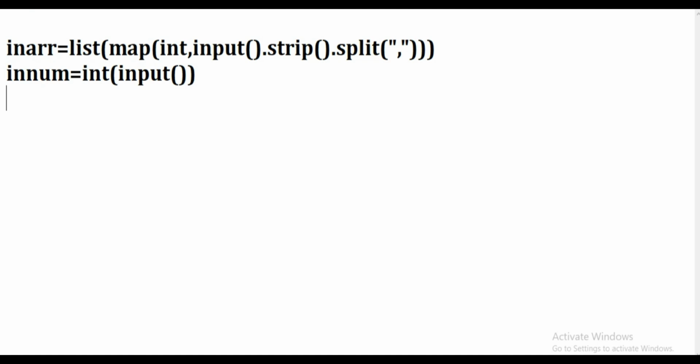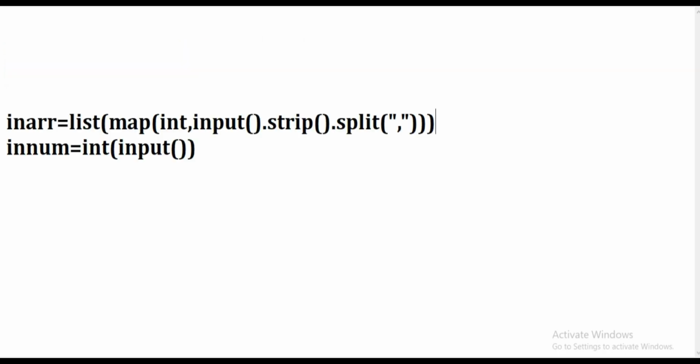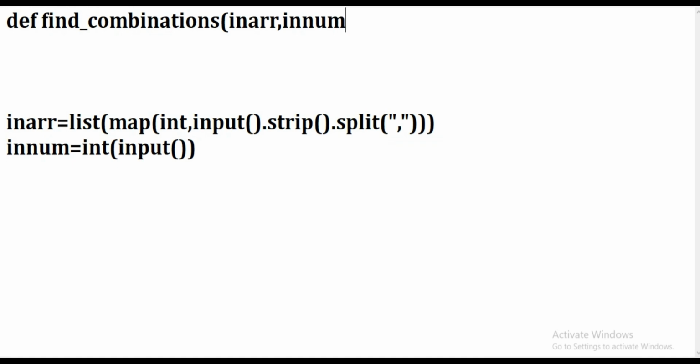Now you have to do the input sorting. Sorting ensures the combinations are generated in ascending order. In order to ensure that, first you have to define the recursive function using the def keyword, find combinations, with the parameters inarr comma innum.